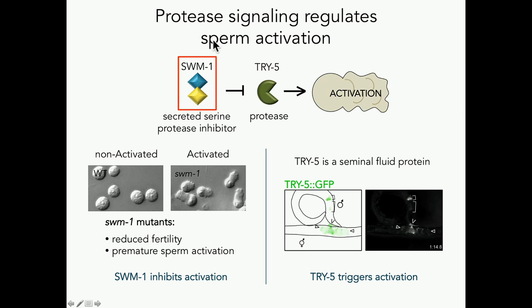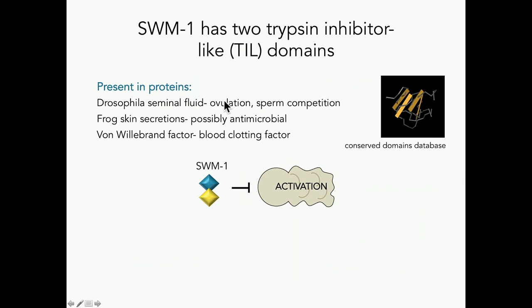But studying SWM-1 also gives us an opportunity to learn more about this specific class of protease inhibitors for which little is known. So SWM-1 has two trypsin inhibitor-like domains, or TIL domains. TIL domains can be found in proteins of Drosophila seminal fluid, frog skin secretions, and are also components of larger proteins such as von Willebrand factor.